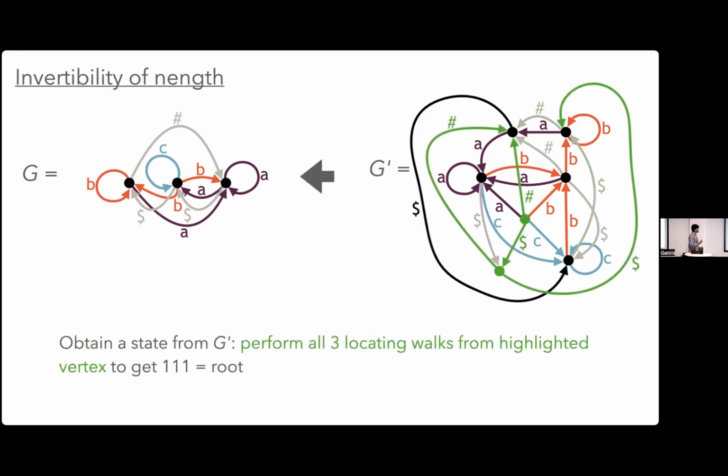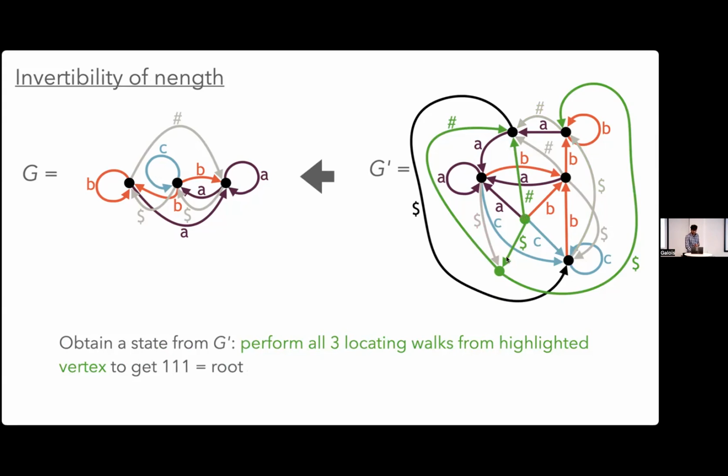I can also obtain a state bit set from G, okay? What I do here is I just perform all walks on this sentinel alphabet away from a given vertex and pick out these identifying tags from that walk. So here, if I'm trying to identify the bit set associated with the vertex I'm pointing at, I walk away one way and I get hash, which I'll find as an identifying tag.